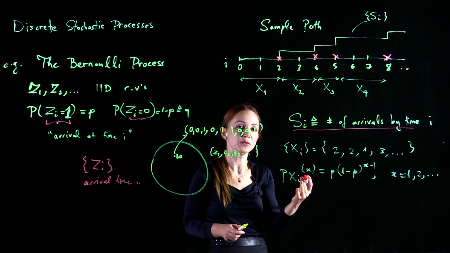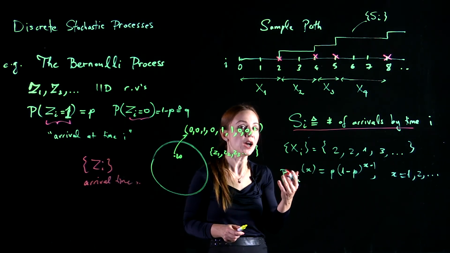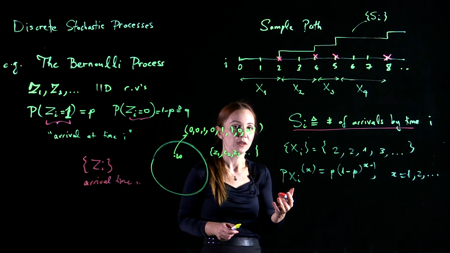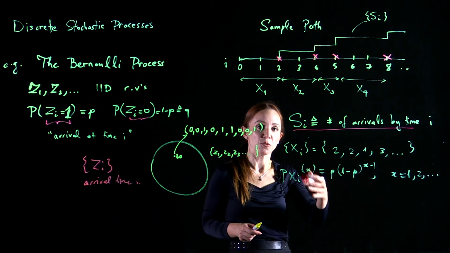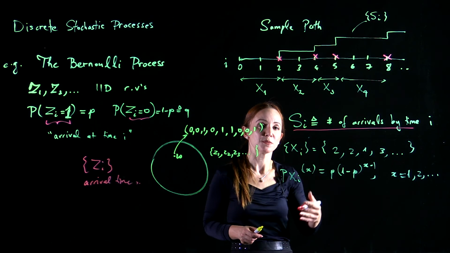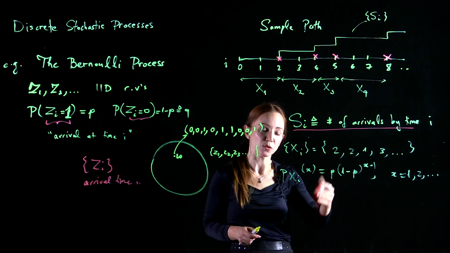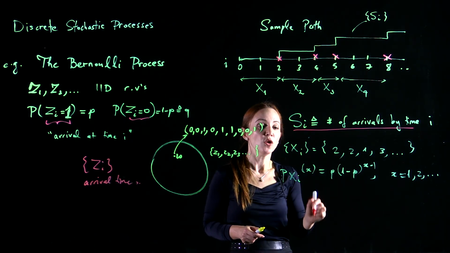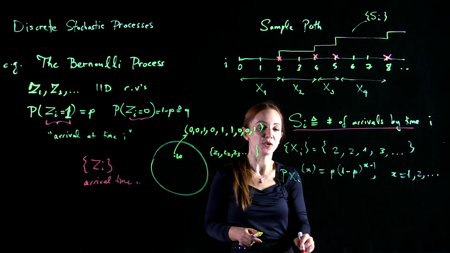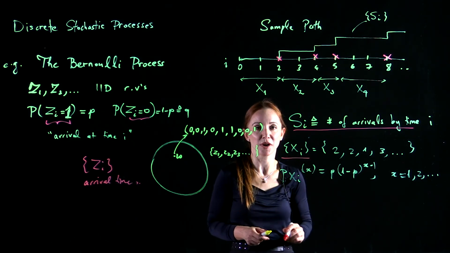That is in fact why the Bernoulli process is also a counting process, because the number of arrivals increases by 1 at each time there's an arrival, or it is equivalently characterized by the sequence of inter-arrival times.